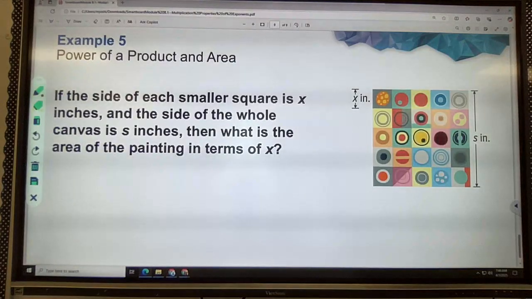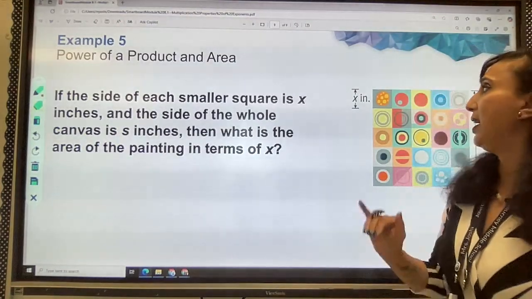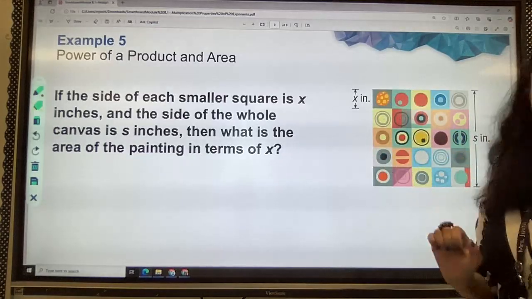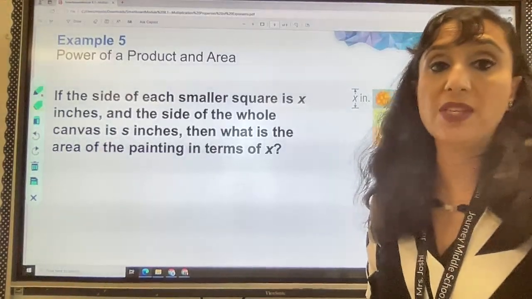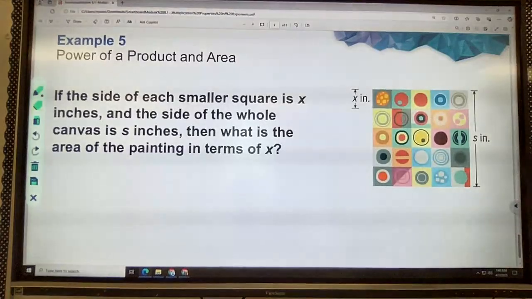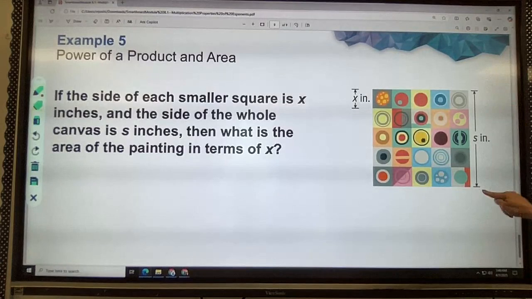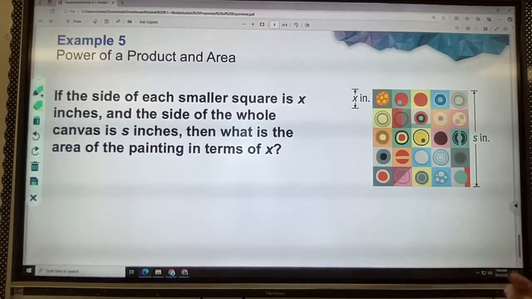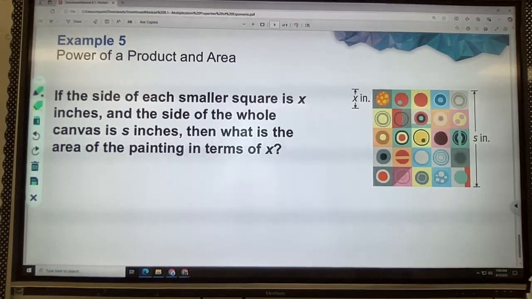Okay, so if the side of each smaller square is x, each square is x. All right. So if the side of each smaller square is x inches and the side of the whole canvas is s inches, then what is the area of the painting in terms of x?